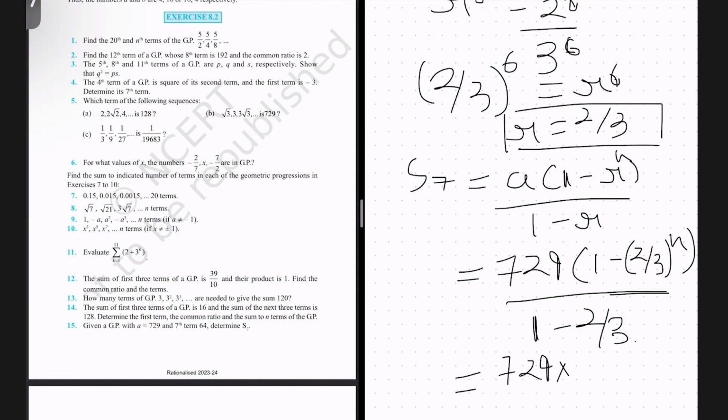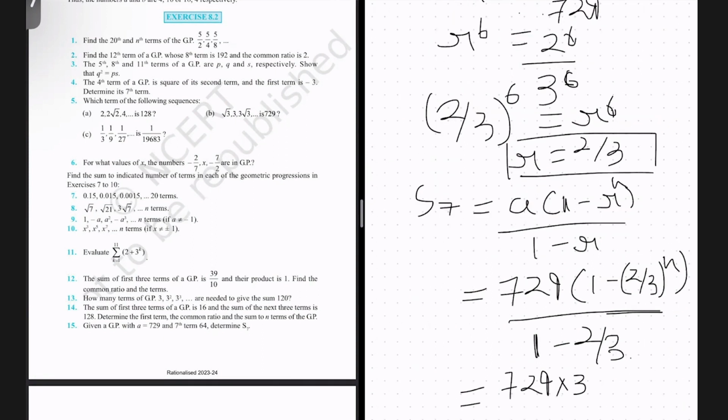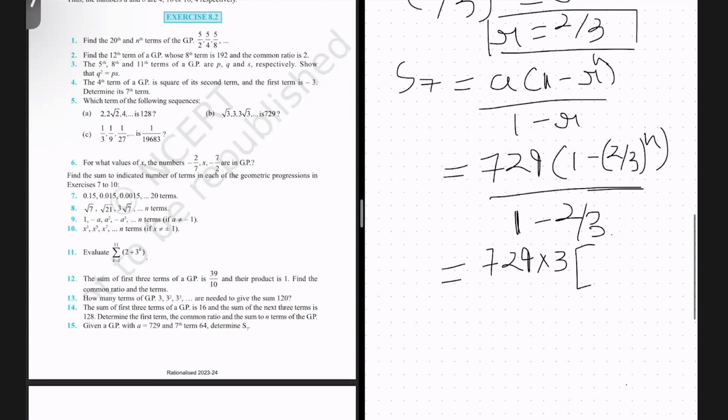So you have 729 into 3, and in the brackets you have 1 minus (2/3) raised to the power 7. Right. So 729 is nothing but 3 power 6.